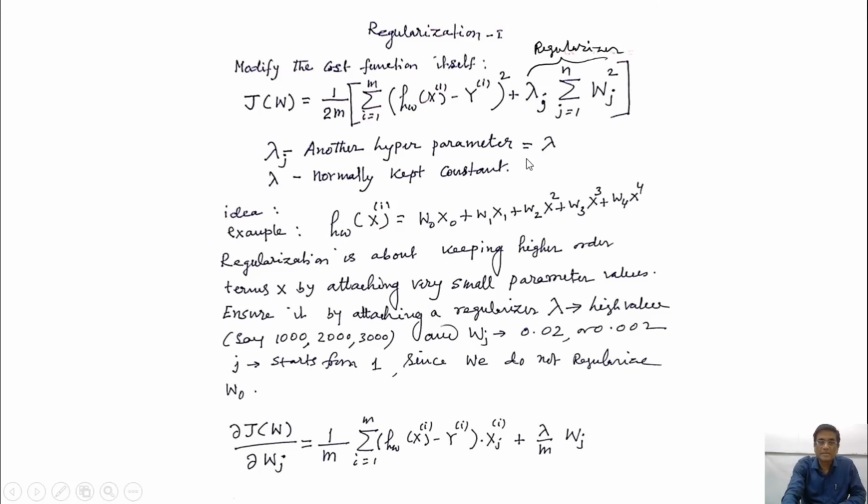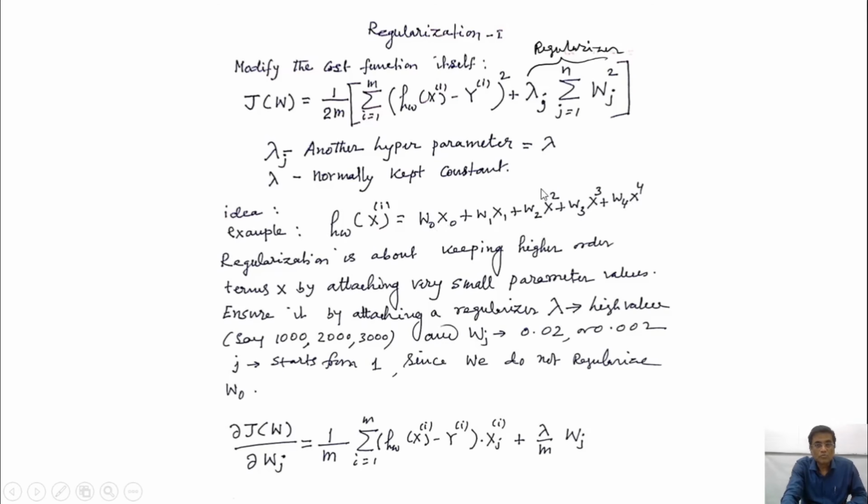We'll try to understand. Our objective was to design a hypothesis which will best fit our samples. For that best fit, we have seen that with as many parameters as there are, it may overfit.